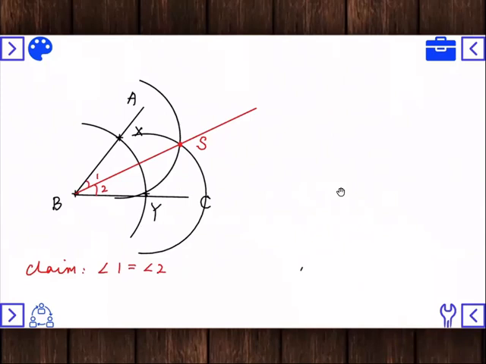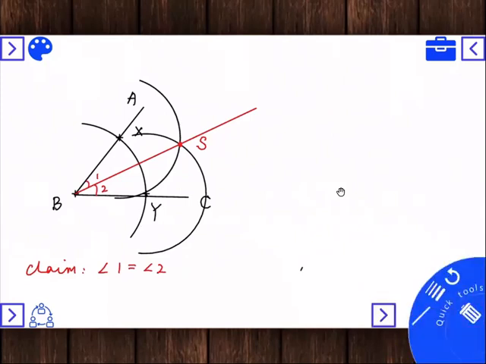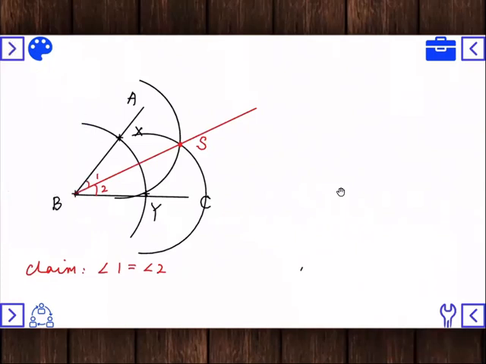How do we prove it? So if we connect A X and S, and Y and S. Whenever we use a ruler and a compass to construct some kind of diagrams, whenever we need to prove stuff, the most common method or the most common tool is the congruence of triangles.